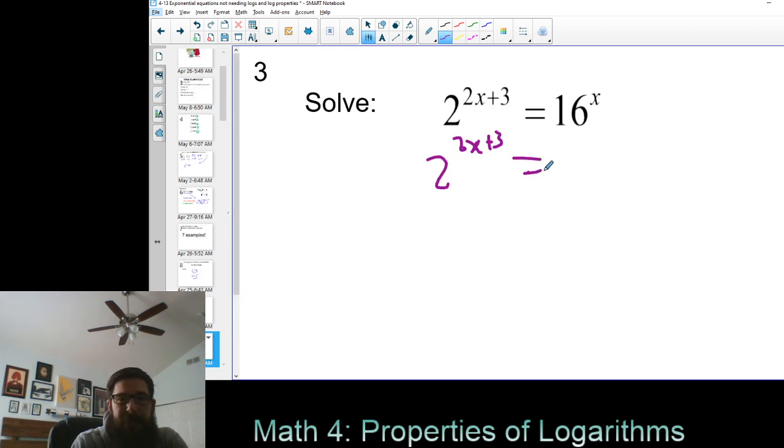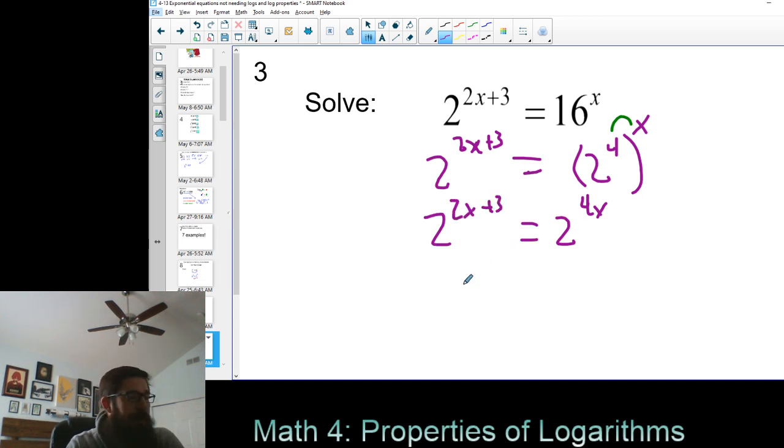And then I'm going to write, instead of 16, 2 to the 4th, because that's equivalent, raised to the x. If I use that third log property, multiply this guy in, my right side is going to be 2 to the 4x. My left side is 2 to the 2x plus 3.